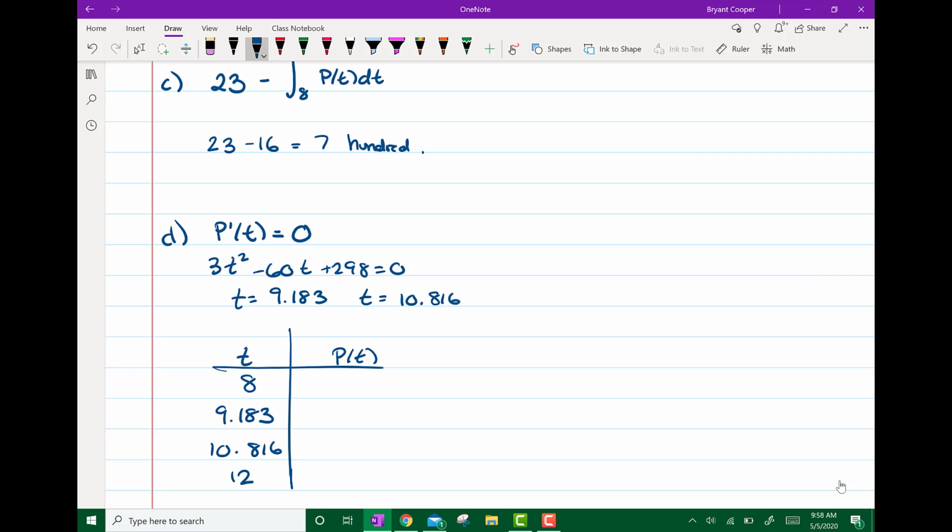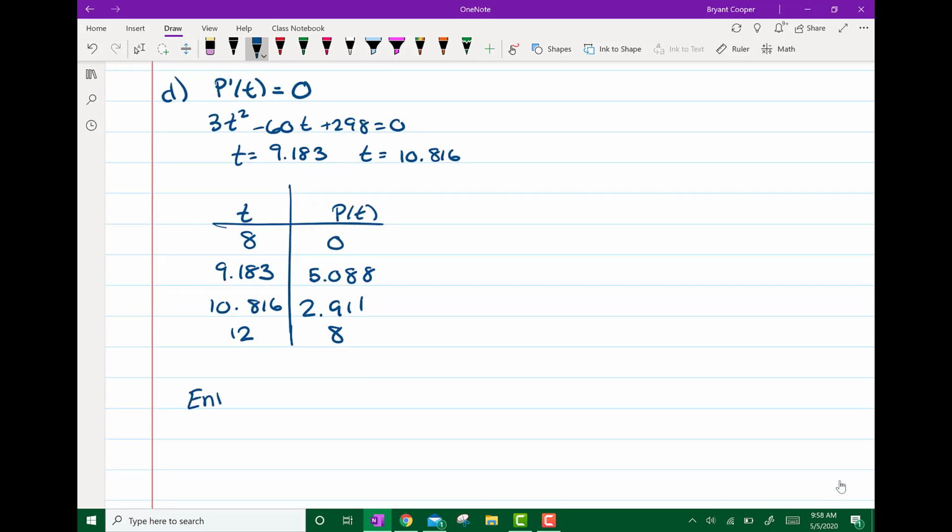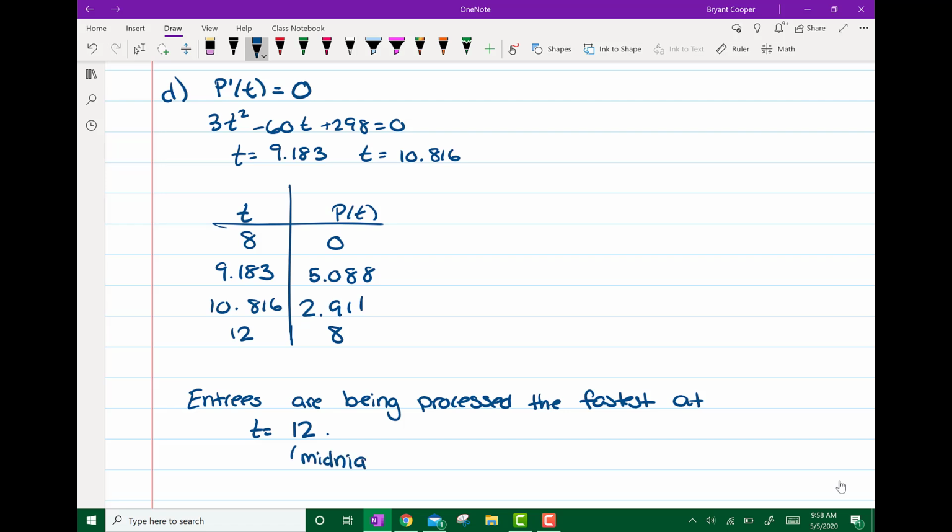So you go ahead and put those in your calculator, and you get 0, 5.088, 2.911, and 8. So our entries are being processed the fastest at t equals 12, or at midnight.